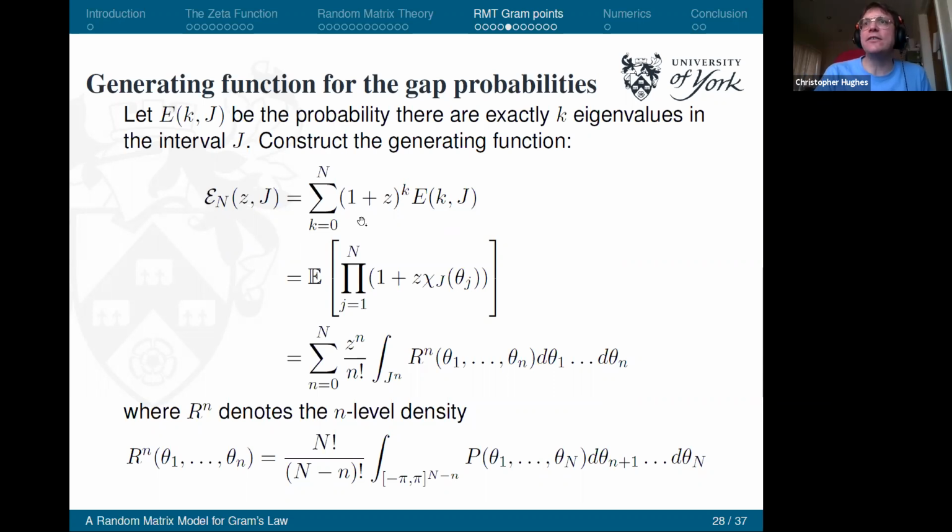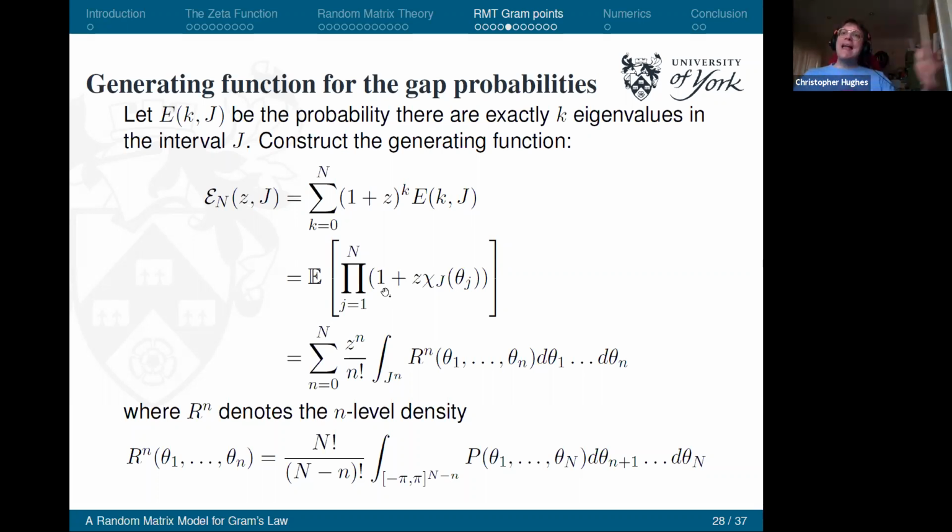So curly E is the generating function for the probabilities that we want. And if you do a little bit of thought, you can see that this is equal to this product here, where you average over the unitary group or the special unitary group, depending on what calculation you're doing.